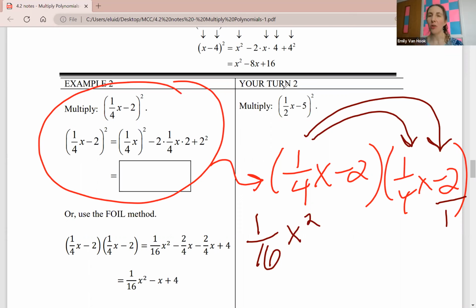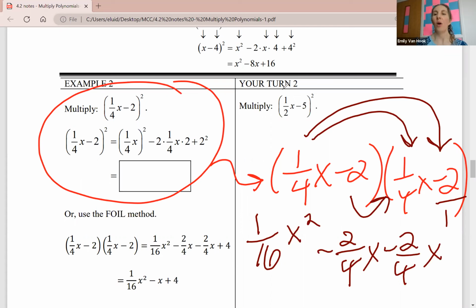I know that can be reduced, but I'm just going to leave it for now. So minus 2/4 x. And then the inside terms, -2 times 1/4 x is, again, minus 2/4 x. We're going to be able to combine those together in just a minute. -2/4 minus 2/4 is -4/4, which is -1x, okay?